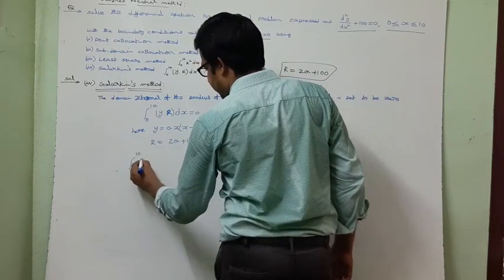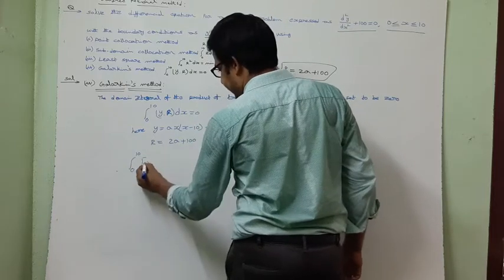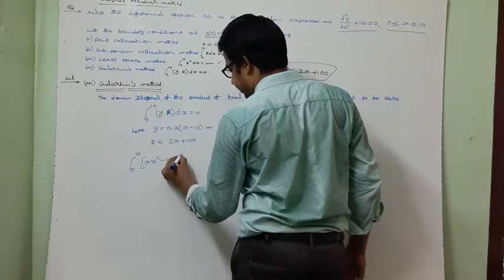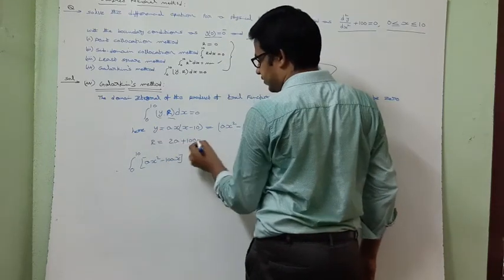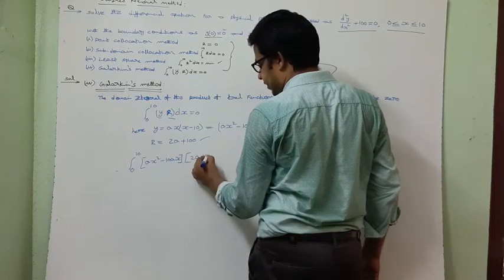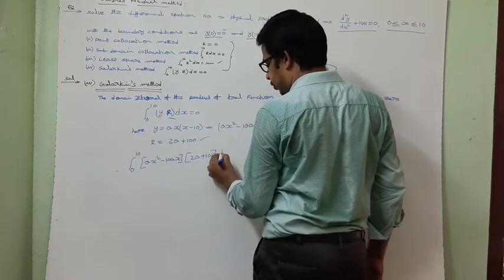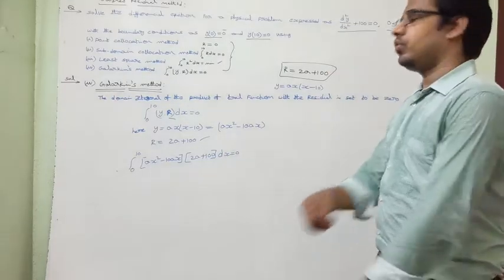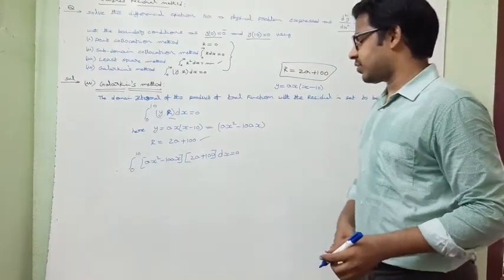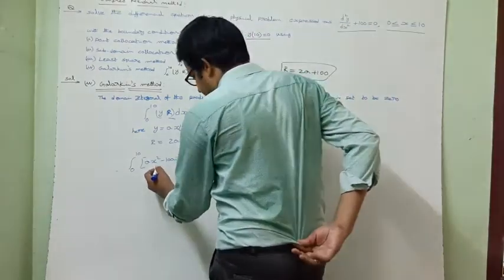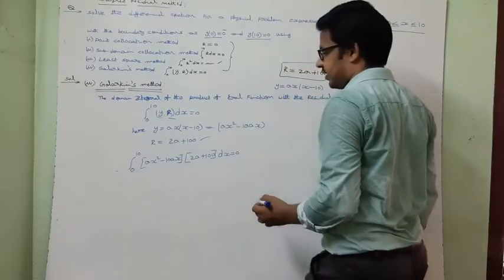Integral 0 to 10, the y value is ax square minus 10ax, into the r value, which is 2a plus 100, dx is equal to 0. First of all we need to simplify this equation.